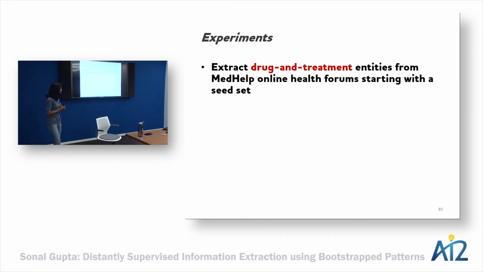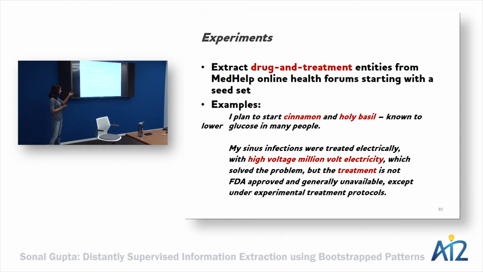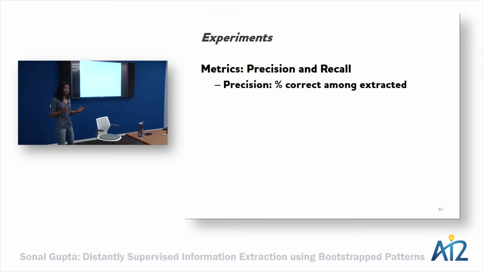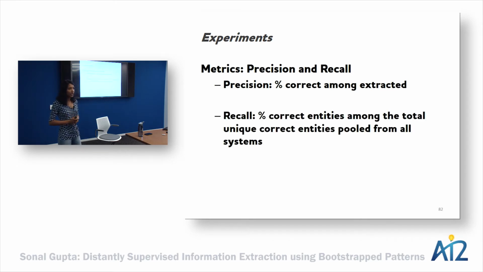Our experiment was similar, in which we are extracting drugs and treatments from similar kinds of text, and we are measuring precision and recall. Precision is the same as usual: the percentage correct among extracted. Recall is a bit different. We do not have a fully labeled data set, and they're pretty huge data sets.